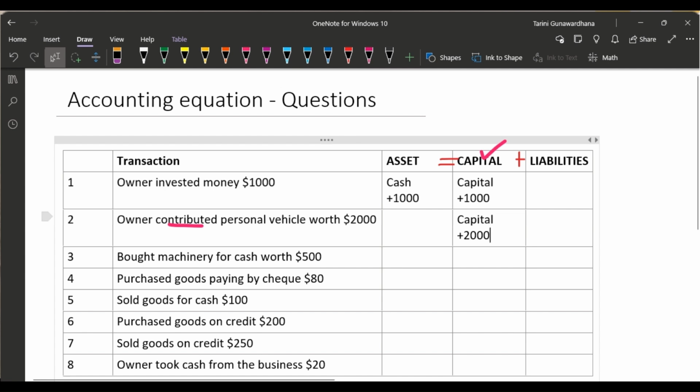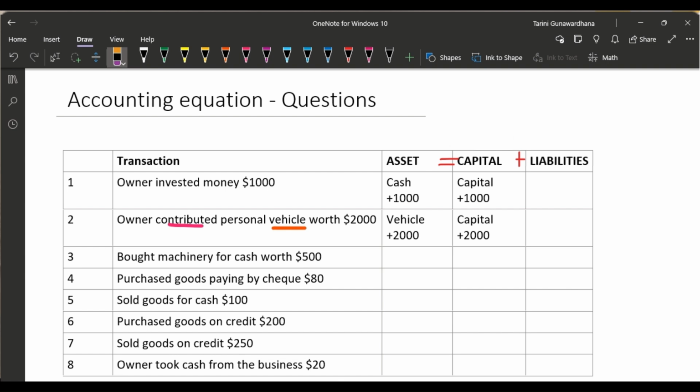Now this is a vehicle. Motor vehicles are things that are controlled by the business and it will lead to future economic benefits, which means it's an asset. So here we say vehicle plus 2,000. With that, we are done with question 2.